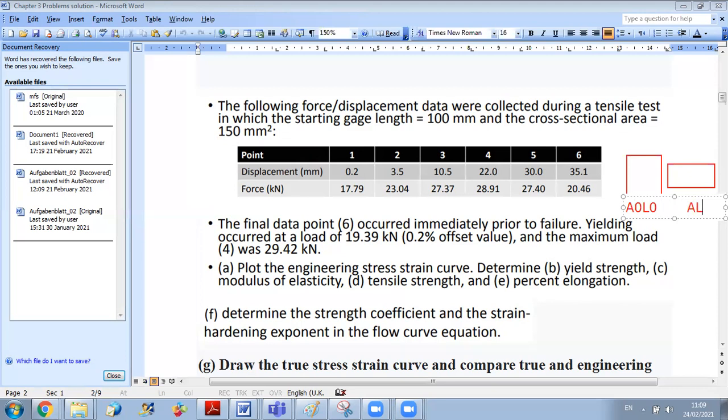Okay, so you can say that since we have conservation of volume and we assume constant cross section over the specimen, we can put them equal to each other. This will allow us to calculate A if we know L at a certain instant.